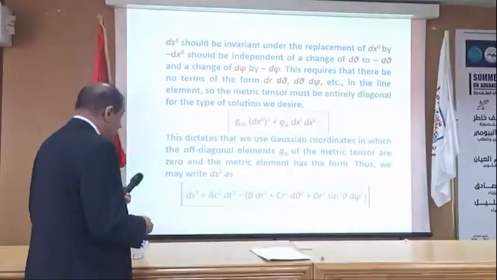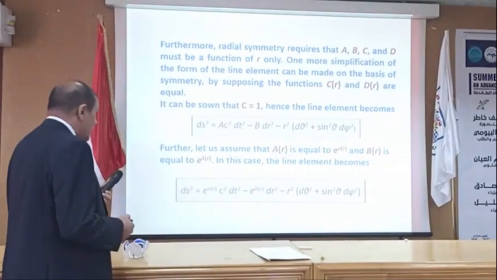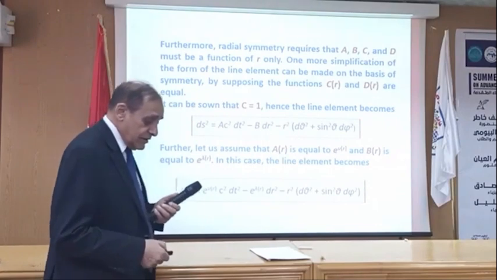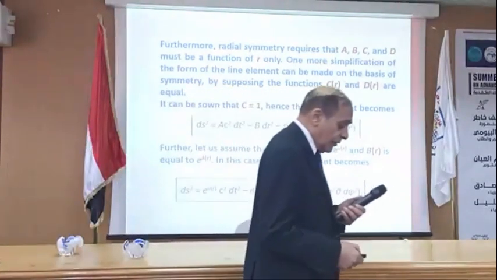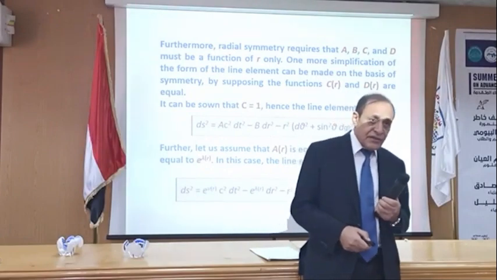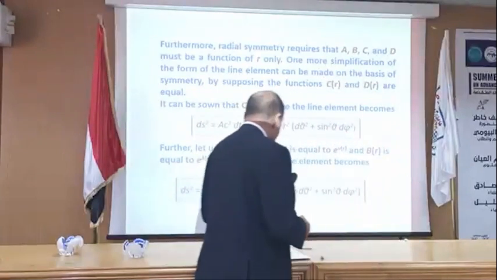Now there's one step I want just to remove from here. I will assume that C and D in the equation, it is not an assumption, we can prove it, that C and D in the equation are equal to 1. And I am left with this equation.